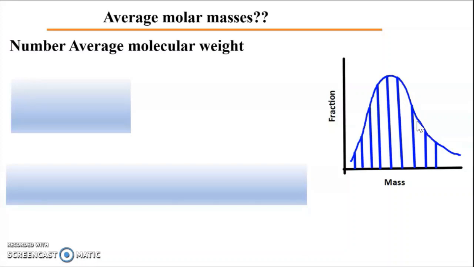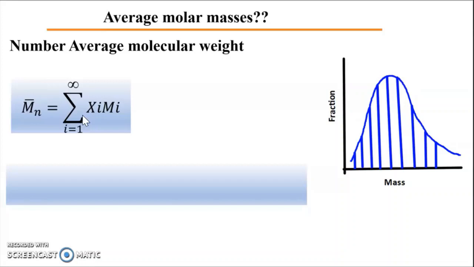So if I want to define or calculate the number average molecular weight, it's given as Mn, the average number molecular weight of polymer chains. It should be equal to the mass of each kind of repetitive unit times the fraction of each number of chain groups in the system.